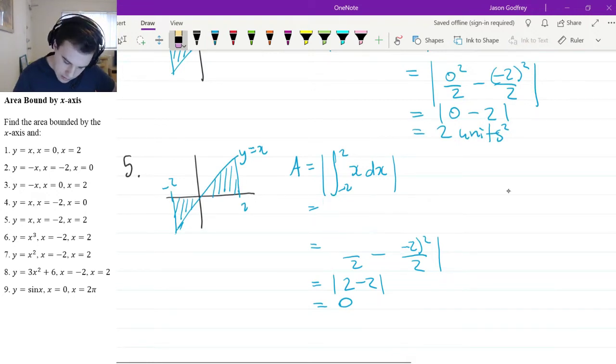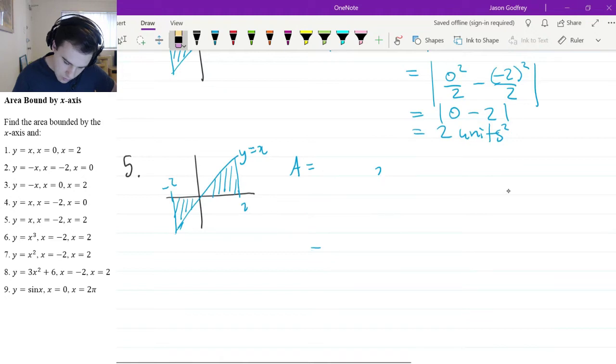So the problem with doing this is that, as you saw, if you find the definite integral of this piece here, it's 2, and the definite integral of this piece here is -2.